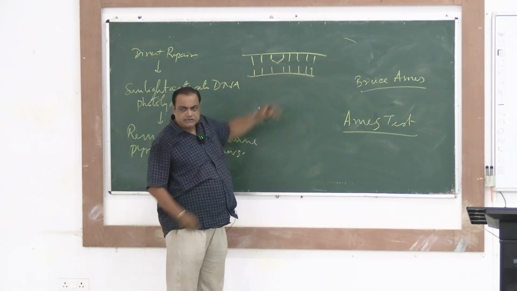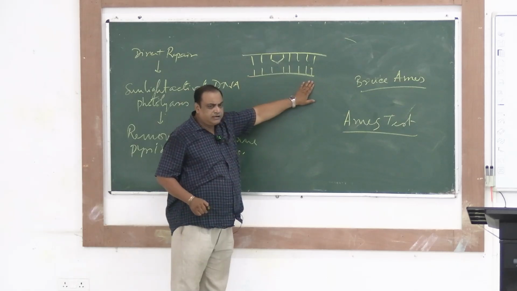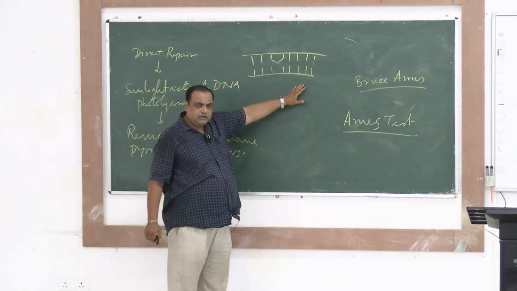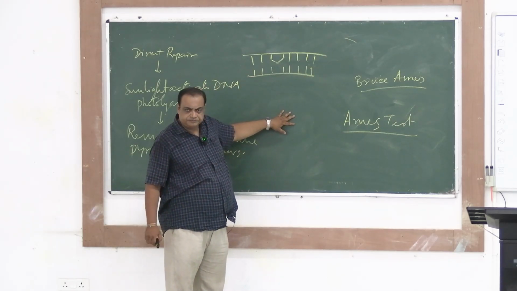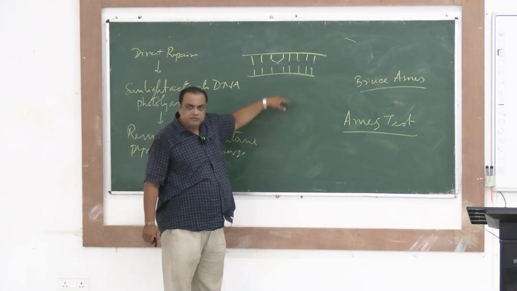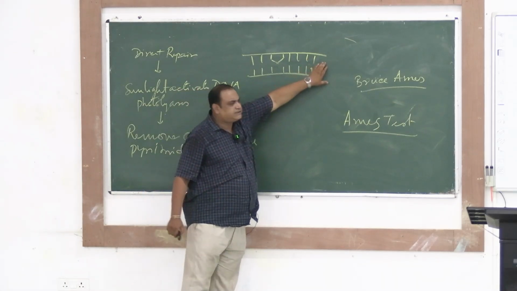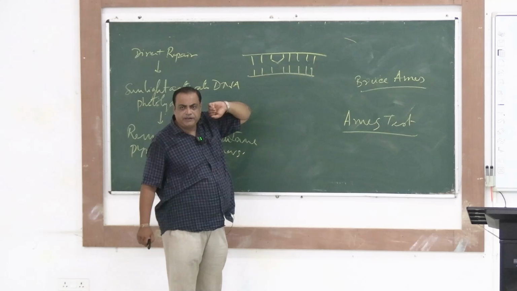If the DNA polymerase reads this strand, then the daughter strand will be all right with no mistake. But when the DNA polymerase reads this strand as a template strand, then what will happen?